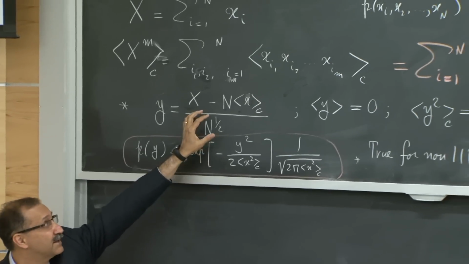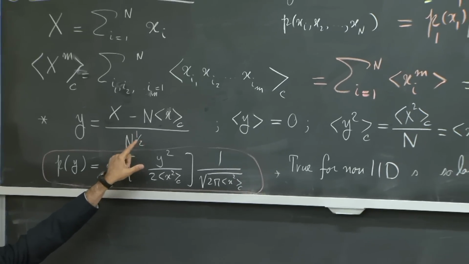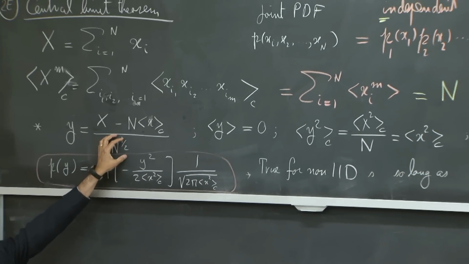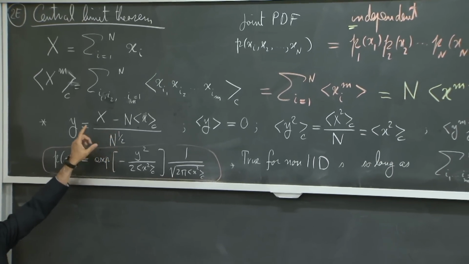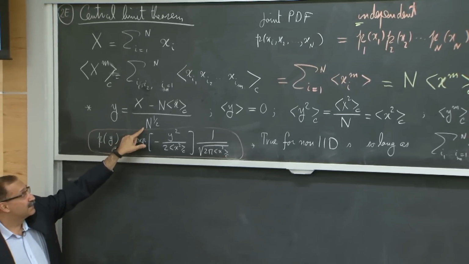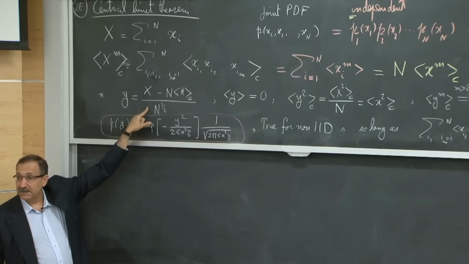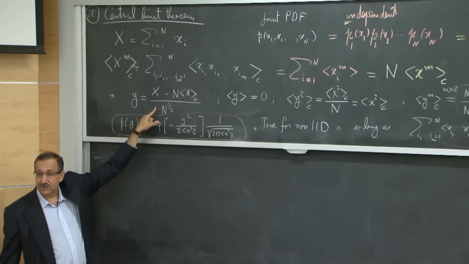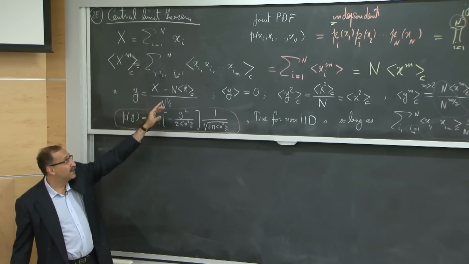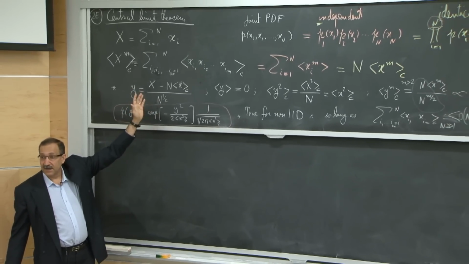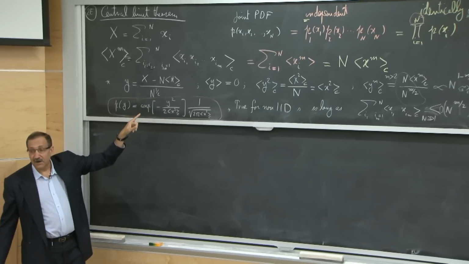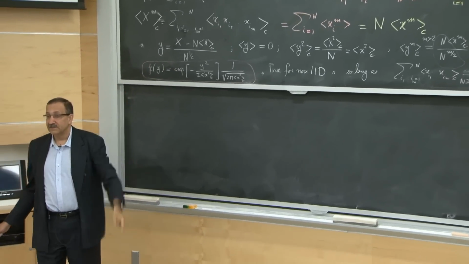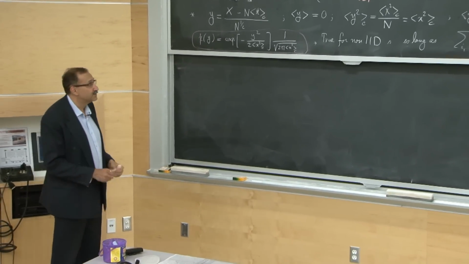But suppose I didn't have the division by n to the 1/2, and I had divided, for example, by n. Then my distribution for something that has a well-defined n-dependent mean would have gone to something like a delta function in the limit of n going to infinity.